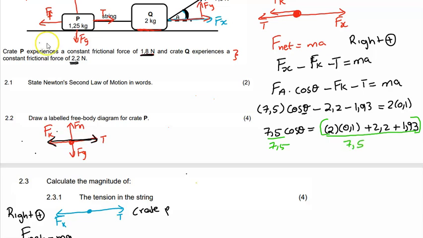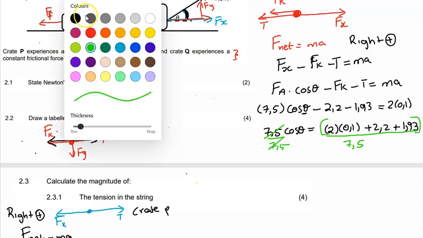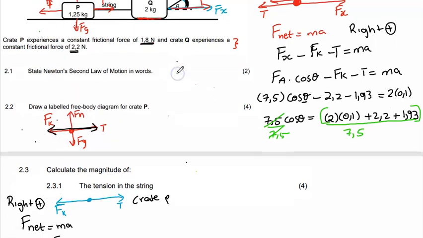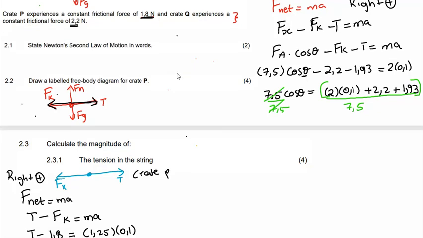So now these two will cancel and we'll be left with what? The cos of theta. So if we continue with this problem, we'll be left with the cos of theta equals 2 into 0.1 plus the 2.2 plus 1.93. Everything, the answer that you get, remember we need to divide it by 7.5.